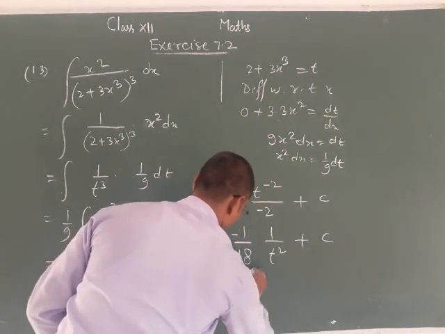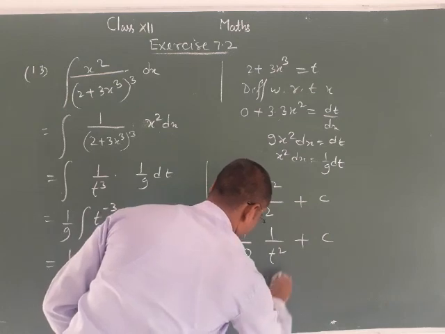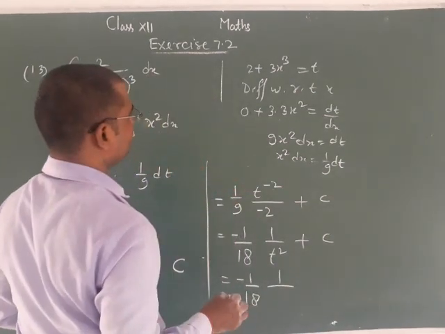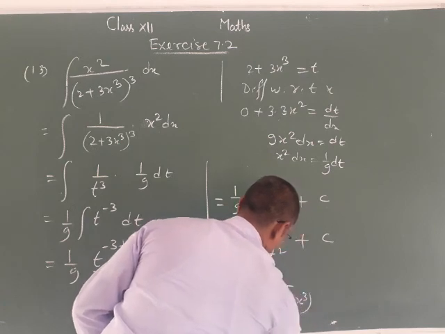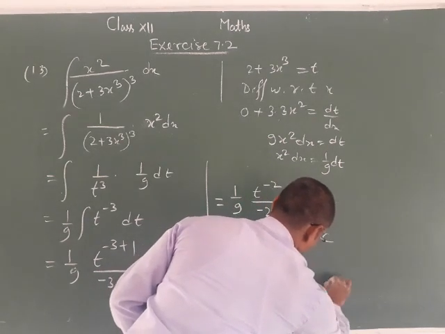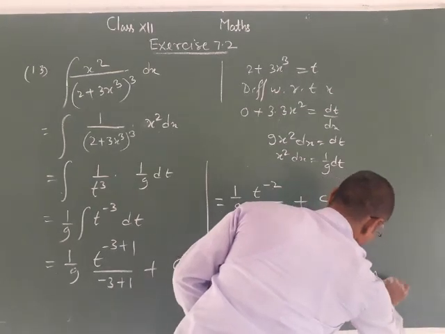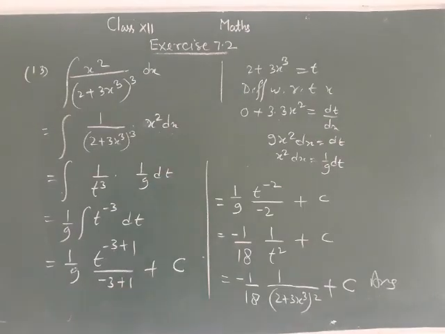So minus 1 upon 18 times 1 upon (2 plus 3x^3) whole square, plus c. This is the answer to question number 13.